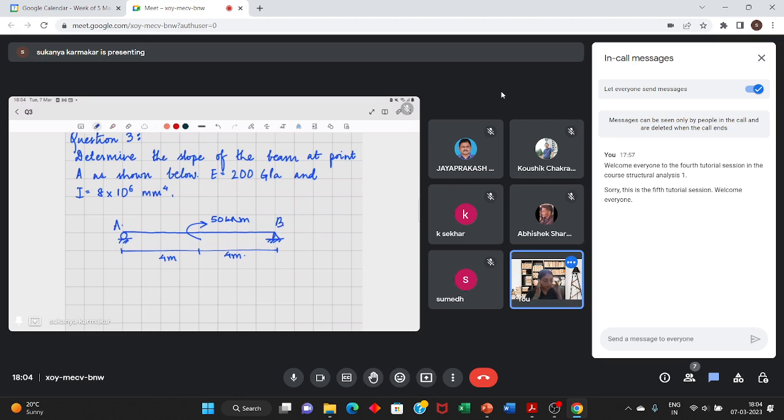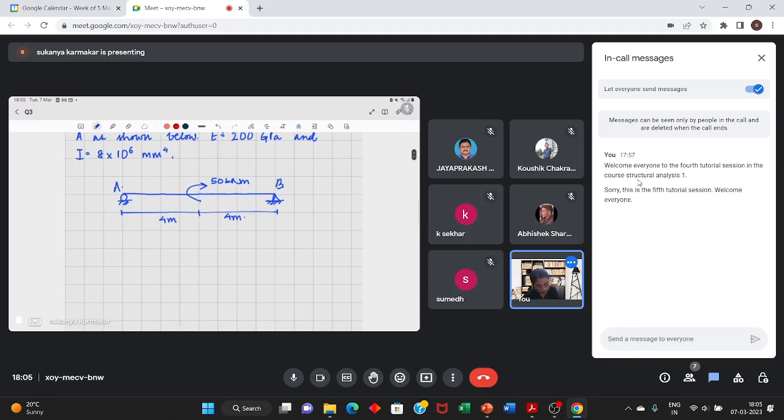To apply the conjugate beam method, first we'll have to construct the conjugate beam, and the load on the conjugate beam is equal to the M by EI diagram or the curvature. So, first I'll construct the M by EI diagram. For calculating the bending moment diagram, I first need the support reactions. So here, first I'm calculating the support reactions.